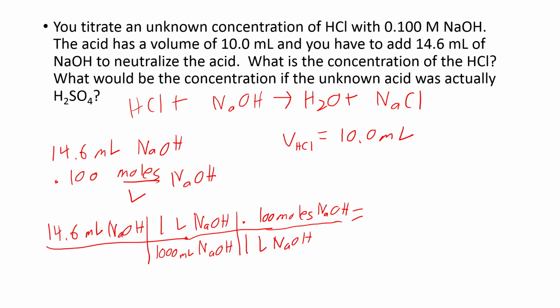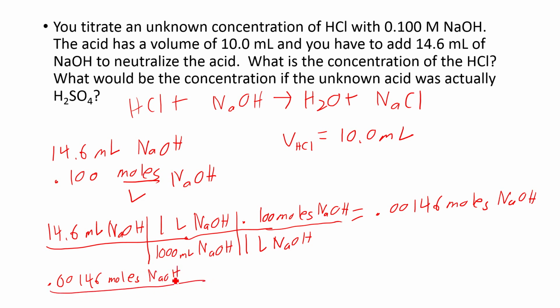So from here we get 14.6 divided by 1,000 times 0.1. We're going to get that we actually only have 0.00146 moles of sodium hydroxide. So now what I've got to figure out is how does that help me find how many moles of HCl we have? Well, we know that this is a one-to-one relationship. So 0.00146 moles of NaOH, we can then convert that to HCl because we said we completely reacted with it, so that means they have to be equal.